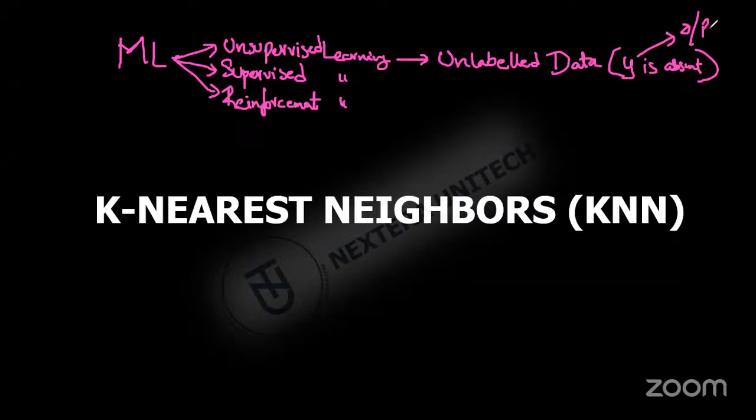What is Y? Y represents output. X represents inputs. Then next to unsupervised, we have supervised learning. When do we generally use supervised learning algorithms? When we have labeled data with us. When we are working on labeled data, we use supervised algorithms. So that means Y is present.